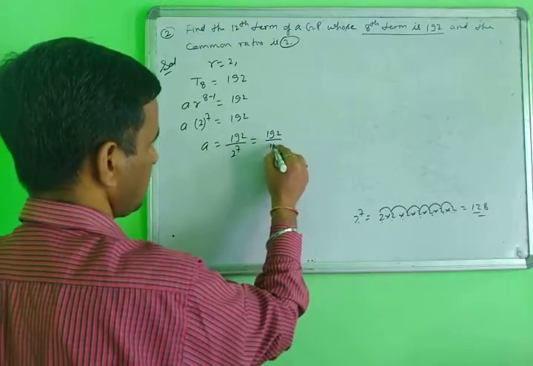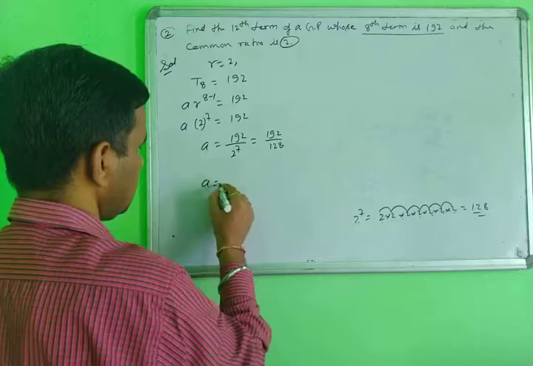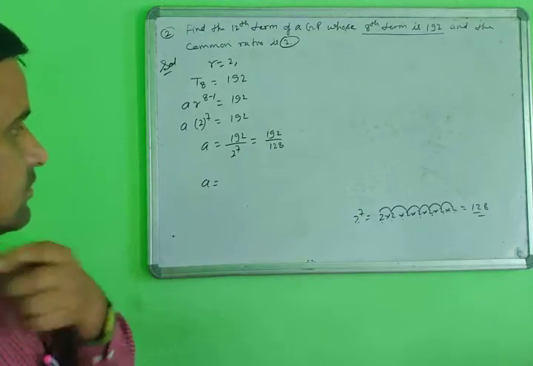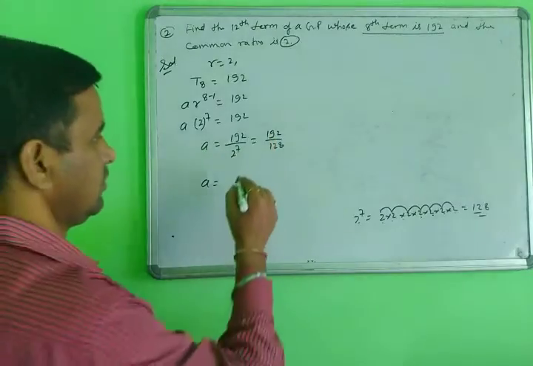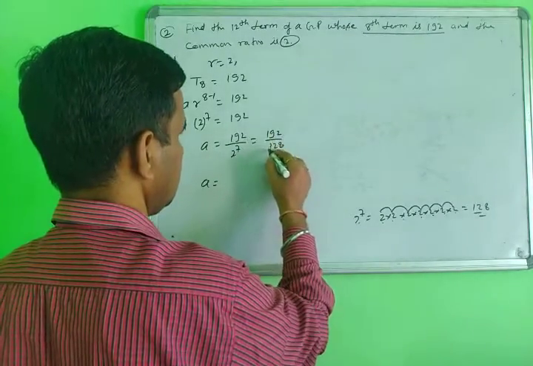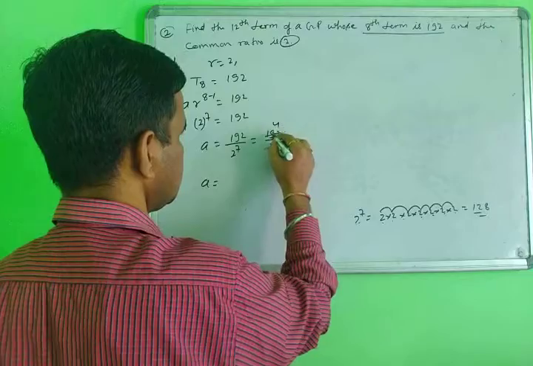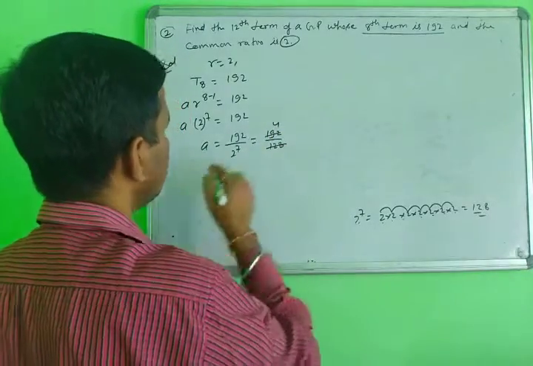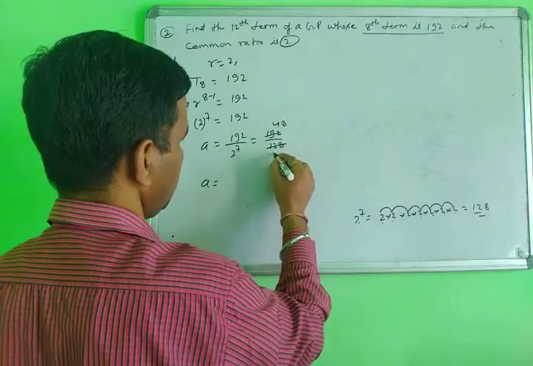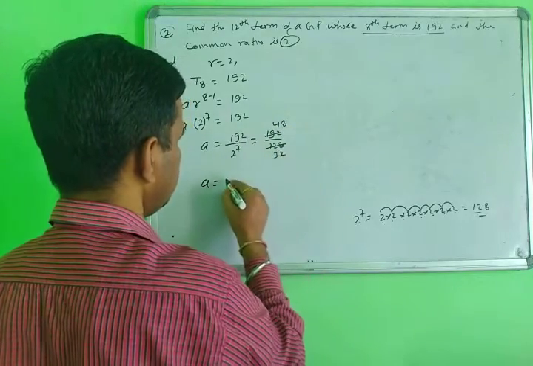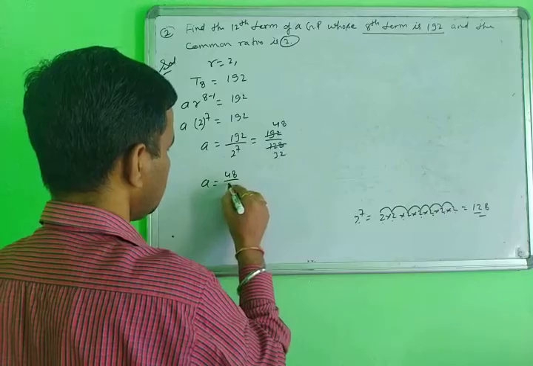192 upon 128. Now simplify it. 4 times 48 is 192, and 4 times 32 is 128. So 48 upon 32.